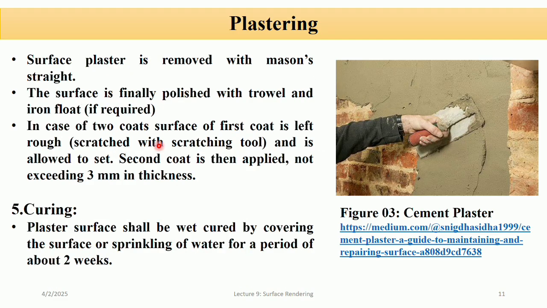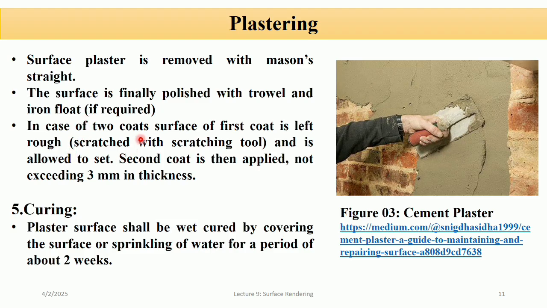The surface of plaster is leveled with the help of a mason's strip, and then the plaster is pressed well with a wooden float so that the plaster may fill in the joints of the masonry. The surface is then finally polished with a trowel and iron float.